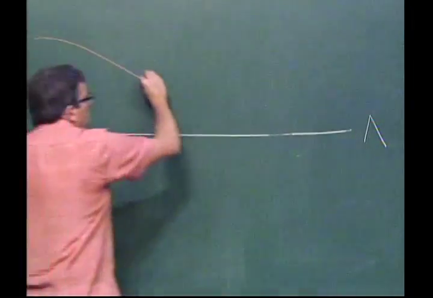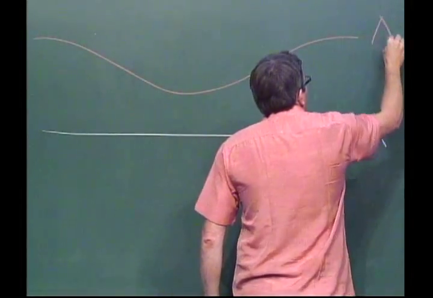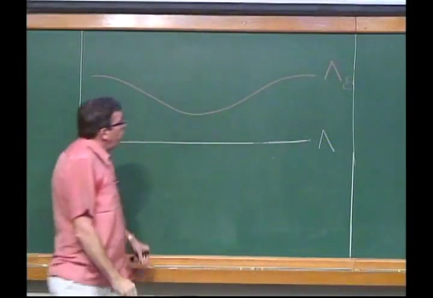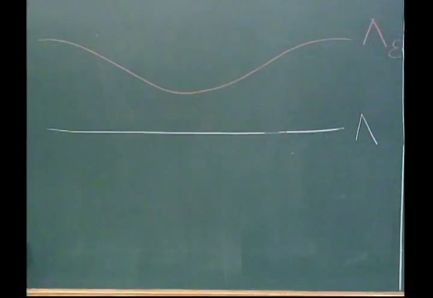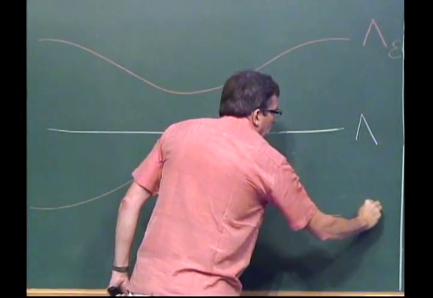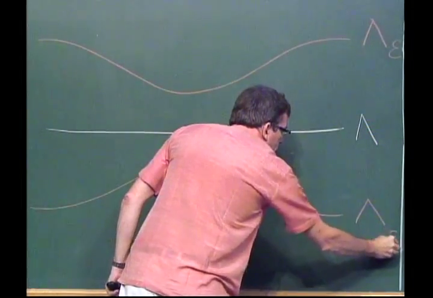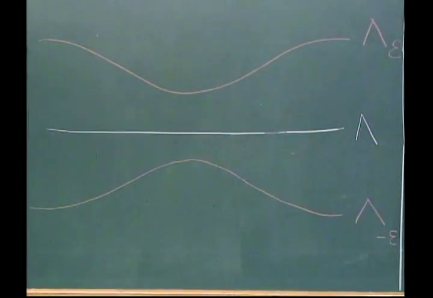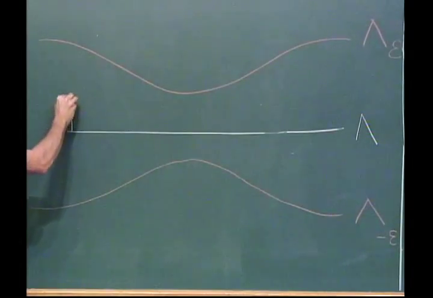One, let's say, is like this. This will be Lambda epsilon. And then there is another one which is like that. This one is Lambda minus epsilon. This one has mean curvature epsilon, and this one has mean curvature minus epsilon. But what you have to understand is that all these surfaces are oriented, and the orientation is taken in this way.